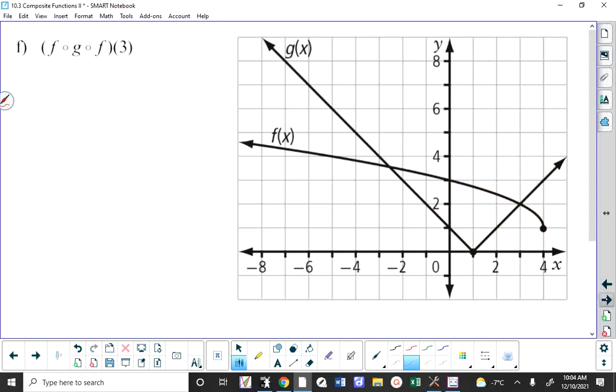All right, have at her. F of g of f of 3. 2.7.